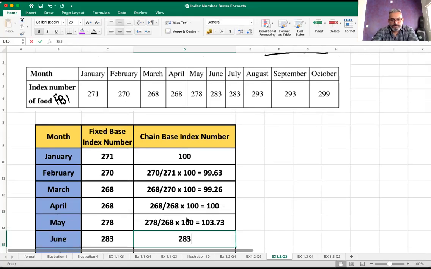Then 283 divided by 278 into 100, which is 101.80.